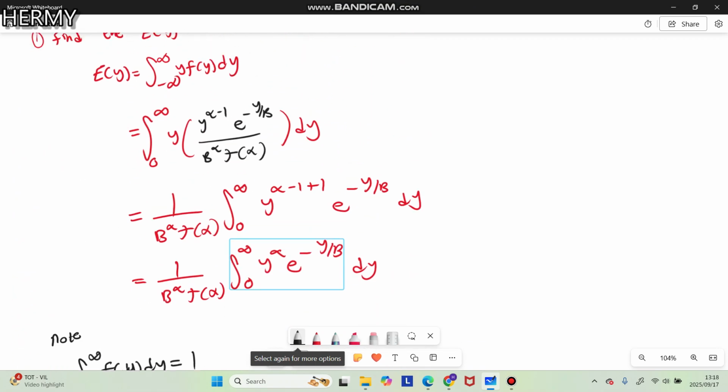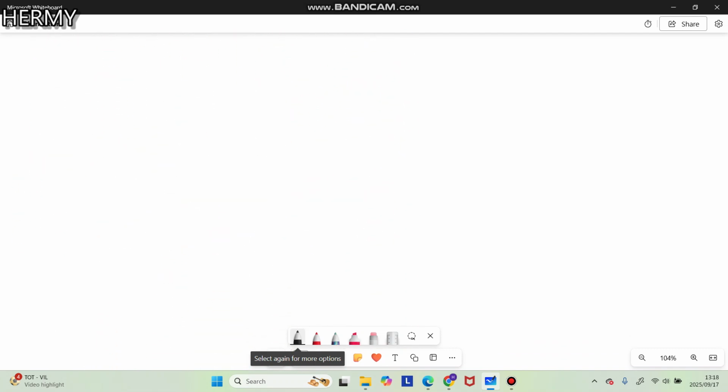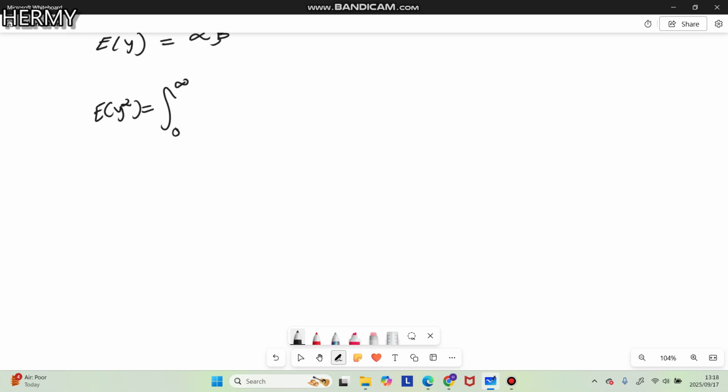What do you need for the variance? Remember, we're looking for the variance. So for the variance, we need the expected value of y squared. So the expected value of y squared is just the integral from 0 to infinity of y squared times y to the power alpha minus 1 e to the power negative y over beta into the beta of alpha, the gamma of alpha.